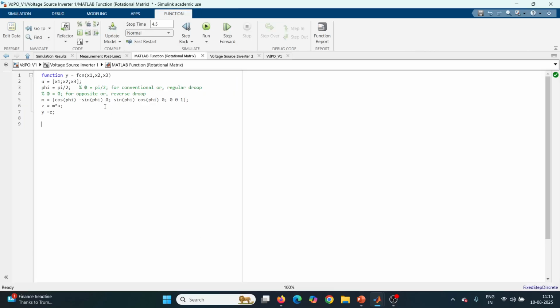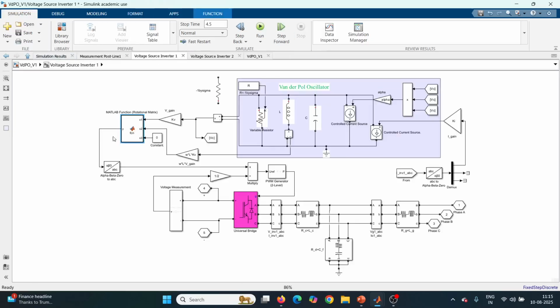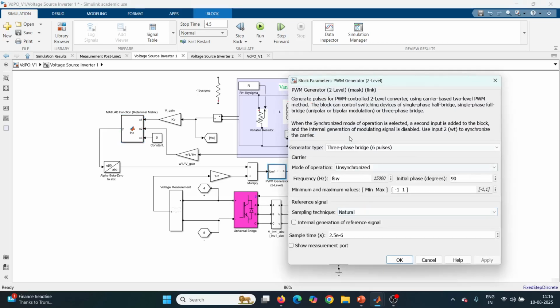In the rotational matrix, you set phi equal to pi by 2 for conventional and phi equal to 0 for opposite group equations. Now we convert this alpha beta component to ABC components, and after dividing by VDC by 2, we get the ABC modulation signal, and that we feed to the PWM generator, whose frequency is set as FSW, and sampling time is set as 2.5 microseconds.